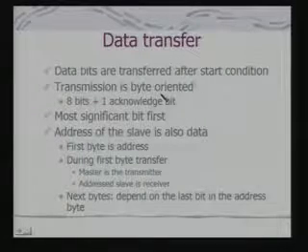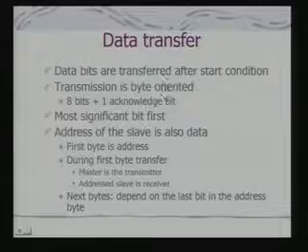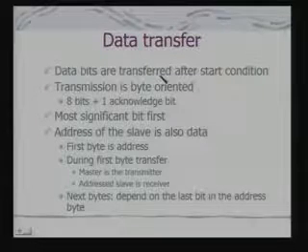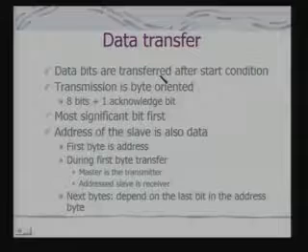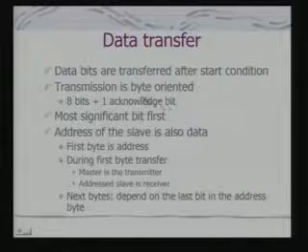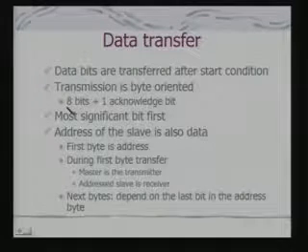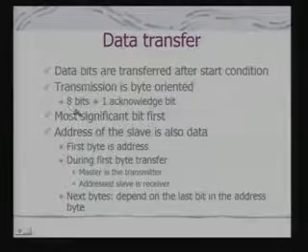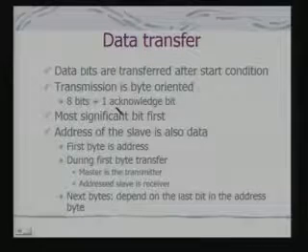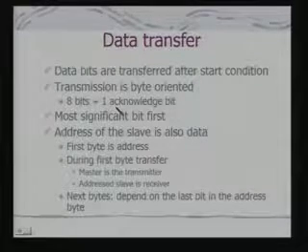So, what happens in data transfer? Data bits are transferred after the start condition, and the whole transmission is byte oriented. One unit that you transfer is 8 bits, but that is considered as 8 bits of data plus 1 acknowledge bit. This acknowledge bit is transmitted by the recipient of the data, and the most significant bit is sent first.